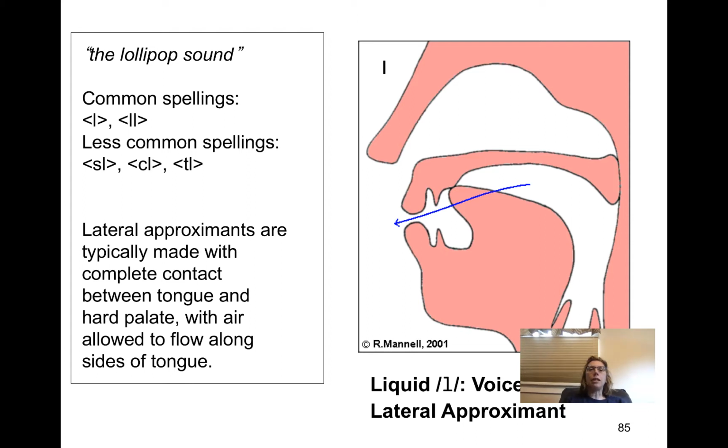And what happens is you want the air to flow off the sides of the tongue. Students often describe lateral airflow, and I understand what they're saying, but they're not using the correct terminology. The air is flowing off of the tongue. It's not flowing out of the tongue. The tongue does not have holes, and the air is not flowing out of the tongue.